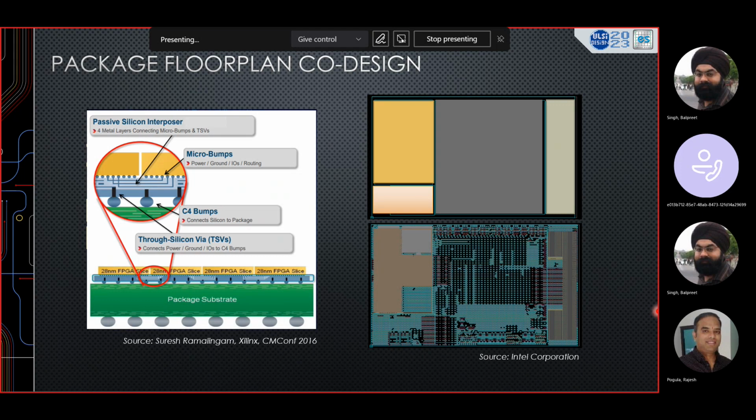So that, let's say if you put a high power component in the top die, and if you put a similar high power component in the base die, how will you really do the power delivery? There may be a thermal hotspot right there, right? So you have to coordinate and make sure that these pieces are looked at in a 3D manner, or a multiple dies together manner as well, right?